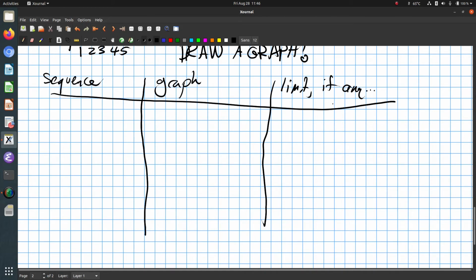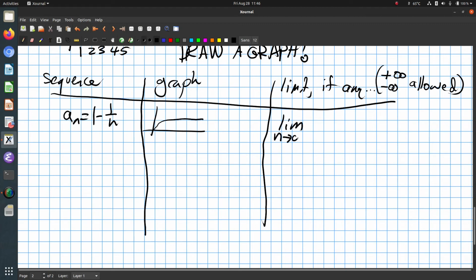And one caveat is that plus infinity or minus infinity are allowed as possible limits. So for instance, we just did the sequence 1 minus 1 over n. The graph kind of looked a bit like this, and so its limit as n goes to infinity of a_n is equal to 1. All right, cool.